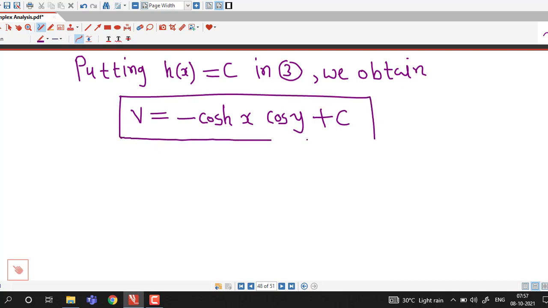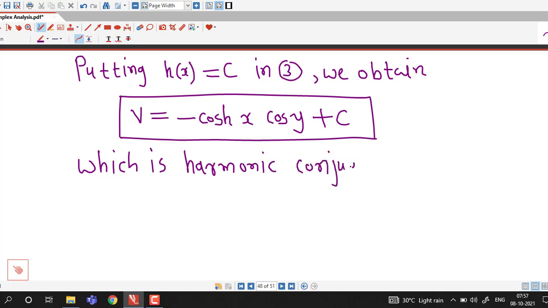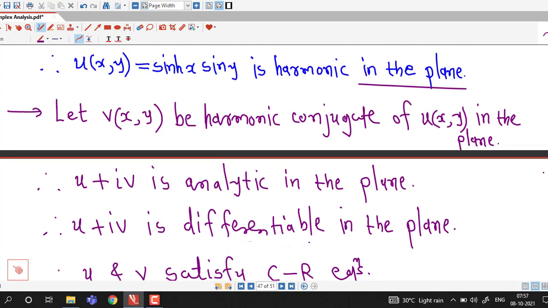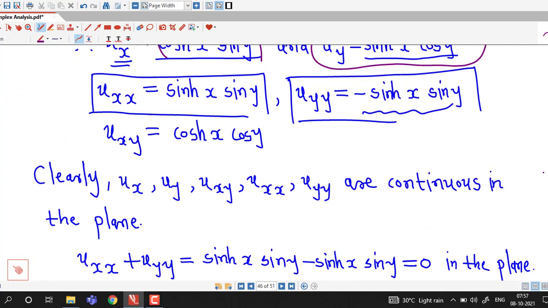This is the harmonic conjugate of the given function, which was sin hyperbolic x times sin y. Okay, so in this way we can obtain the harmonic conjugate of a given harmonic function.